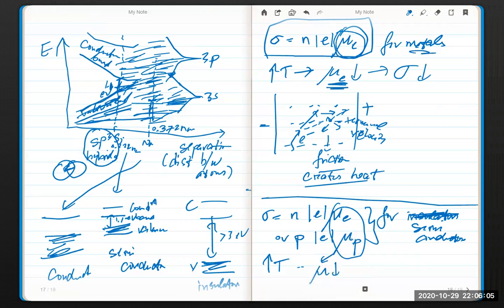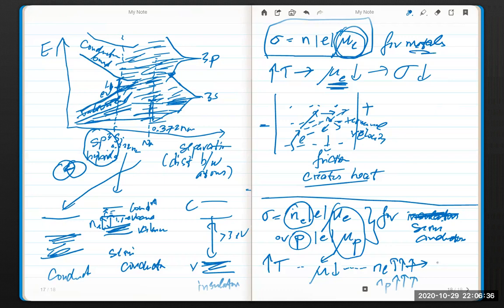Yep. However, the number of electrons, or the number of holes left behind, the number of electrons jumping up, increases significantly with temperature. That's the Arrhenius equation. So the number of electrons goes up, or in the case of the p semiconductor, the number of holes goes up, and this goes up a lot more than the reduction in the mobilities.